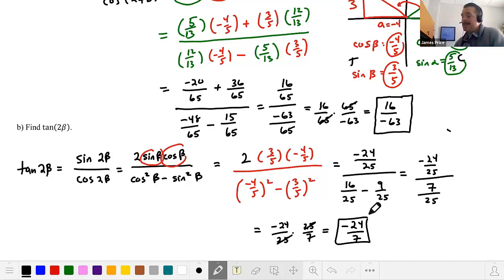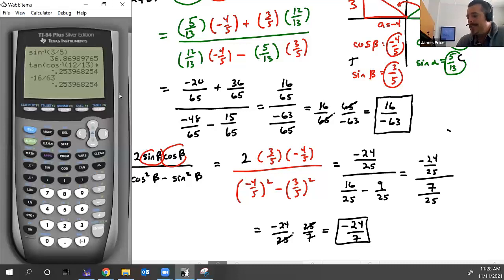And remember, we can check this one too by simply going back to our calculator. Remember, when we did this sine inverse, that was beta, basically, right? With that sine inverse, we were in the wrong quadrant, so we had to do 180 minus it. So I'll do tan of 2 times, and then in parentheses, 180 minus second sine inverse.